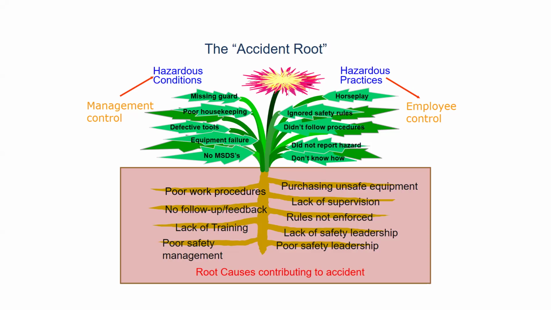If we calculate the percentage of immediate causes of an incident, 96% of the accidents we have in a workplace are due to unsafe practices, meaning shortcuts. The hazardous practices that we have from the immediate causes are 96%, and this comes under employee control.